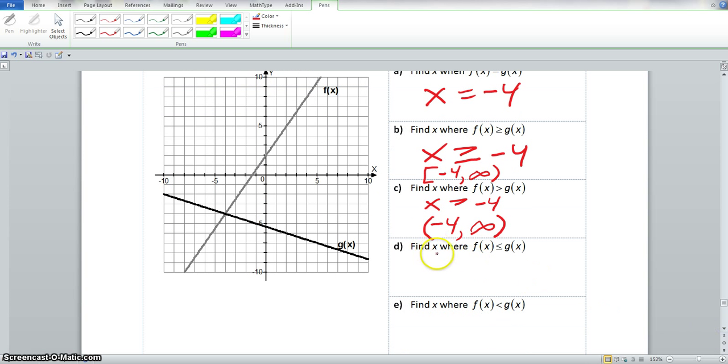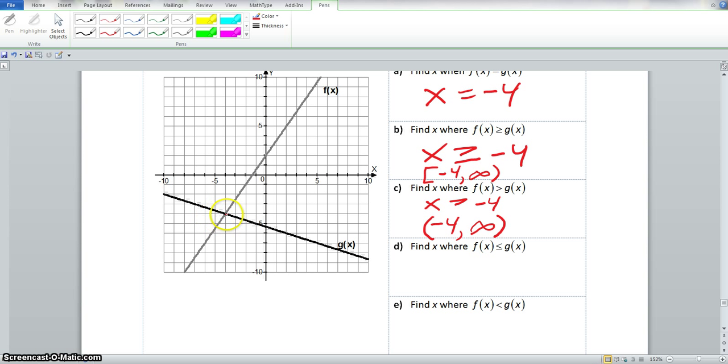Now we go here to D. It says find x where f of x is less than or equal to g of x. So that means we want to find where g of x is greater than f of x. So we look here at our x. Now we know we're going to start here at -4.